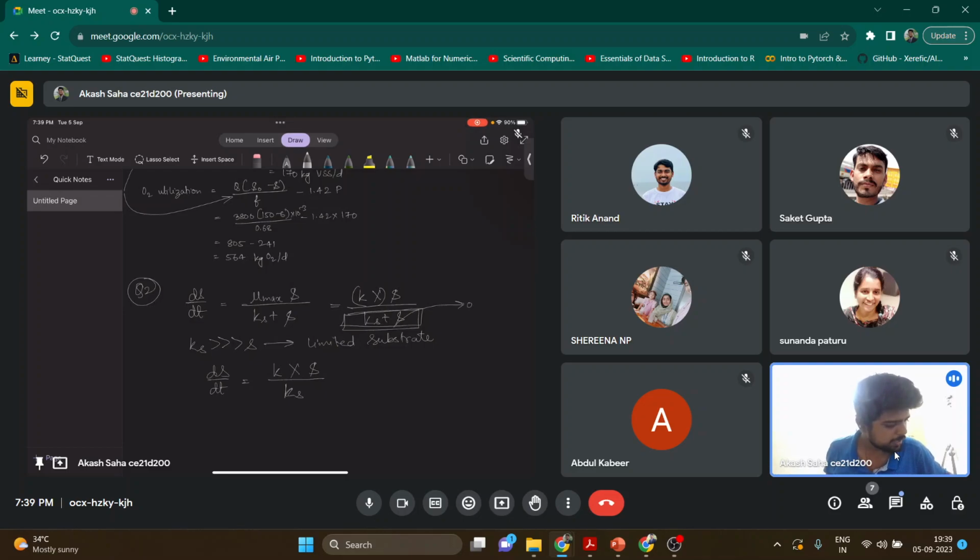Here small k is a constant, Ks is also a constant, so I will substitute k by Ks as capital K, and this is my specific substrate utilization rate constant, and the unit will be equal to volume per mass per time.